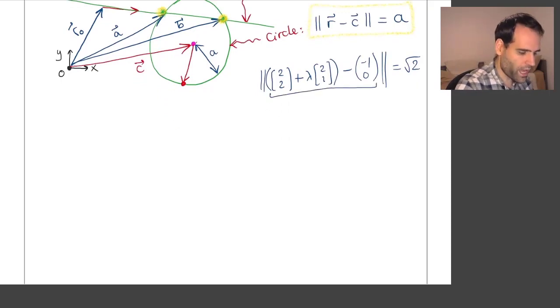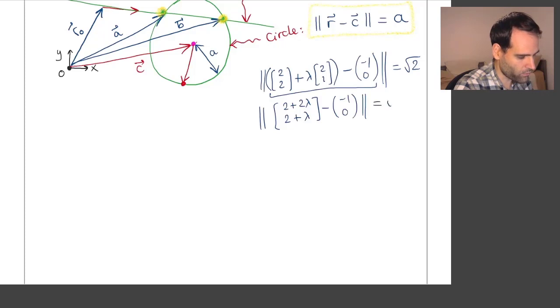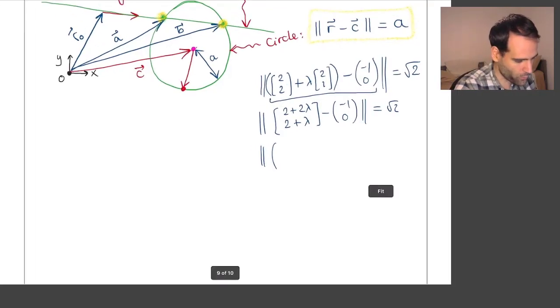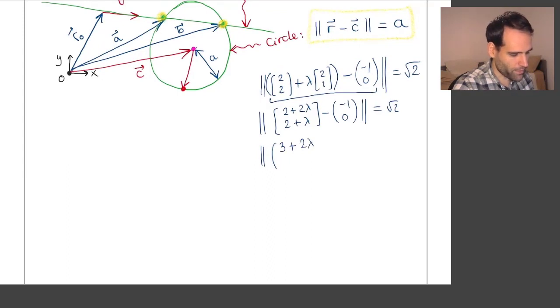So I'm going to add these 2 vectors. So this will be the vector (2 plus 2 lambda, 2 plus lambda). And then I'm going to subtract the vector (-1, 0). So let's do that subtraction. So 2 plus 2 lambda minus minus 1, that's 3 plus 2 lambda. And then 2 plus lambda minus 0 is just 2 plus lambda. So the norm of this vector must be equal to square root of 2.